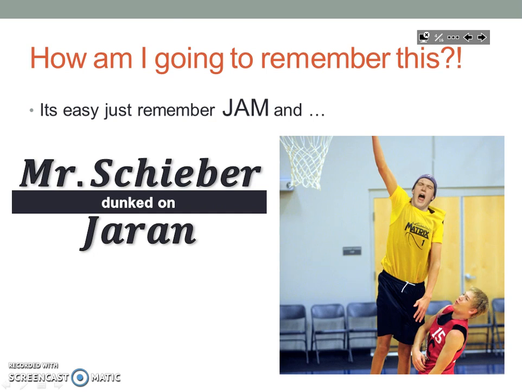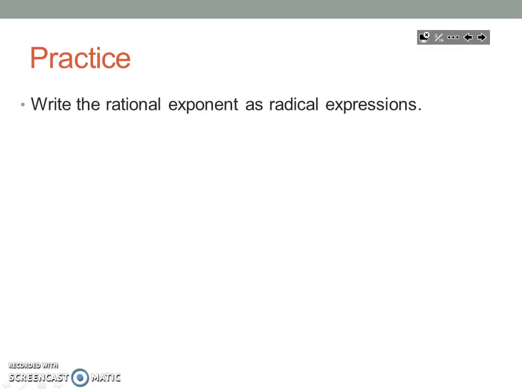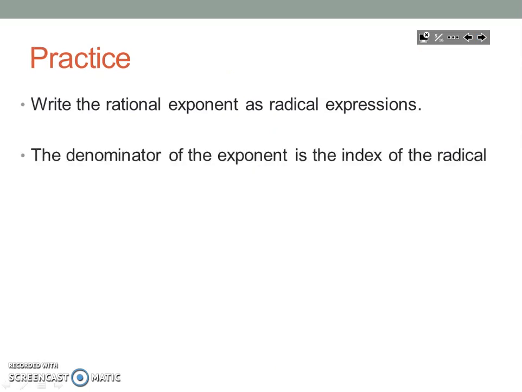So remember jam, and that Mr. Schieber dunked on Jaron Richmond. So if I have the jth root of a to the m power, that's going to equal a to the m over j, Mr. Schieber dunked over Jaron. So I always tell them to remember jam. So let's practice with our jam real quick.